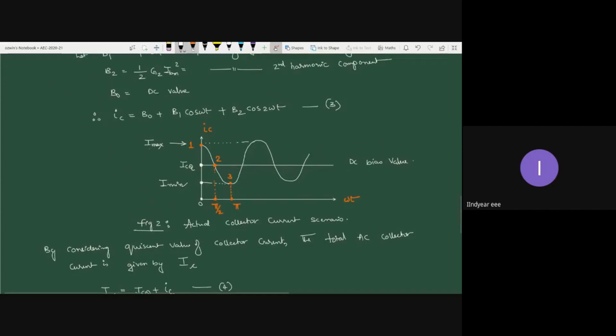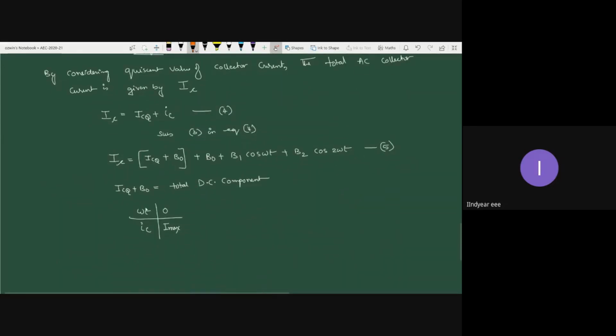Let us write it as capital IC. So at omega t equal to 0, IC is equal to I max. This is at point 1.